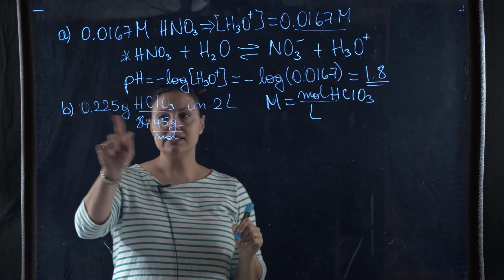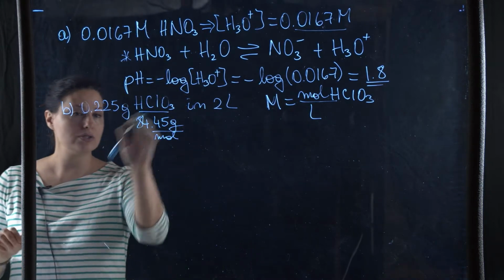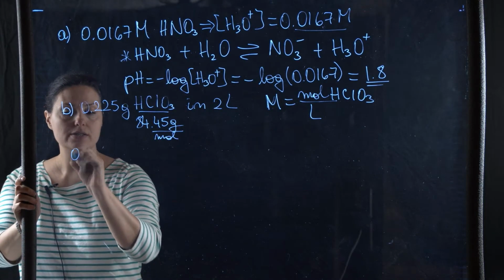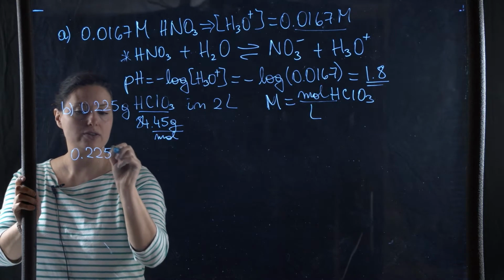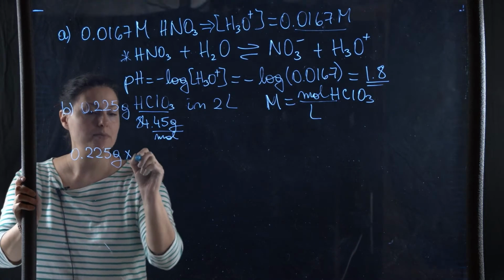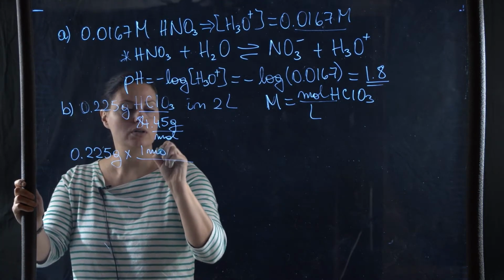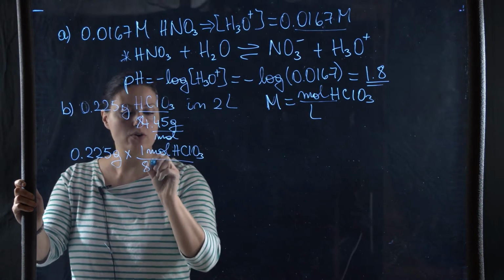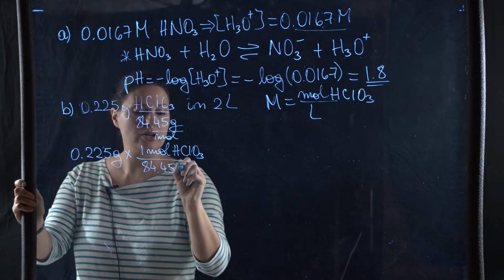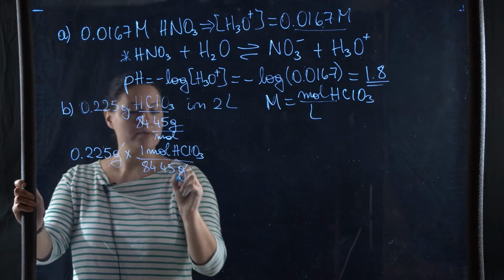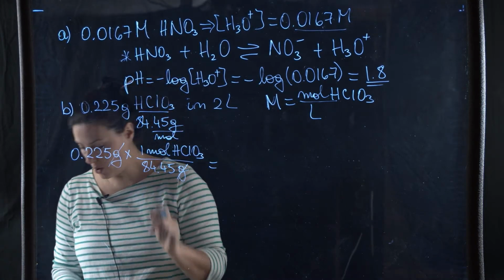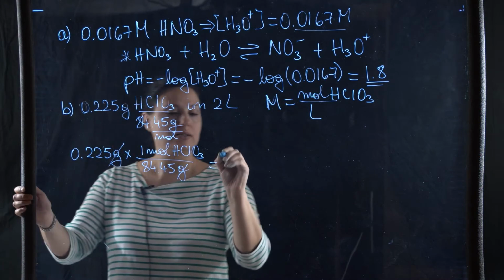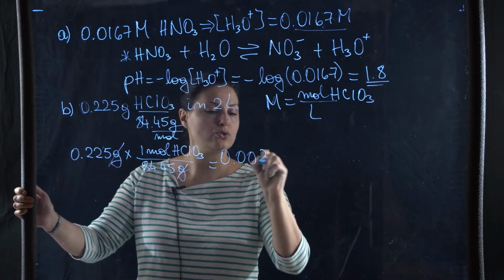Now that I have this, I can calculate the moles of HClO3: 0.225 grams times 1 mole of HClO3 weighs 84.45 grams. The grams cancel, leaving me with moles, and the moles are 0.0027 of HClO3.